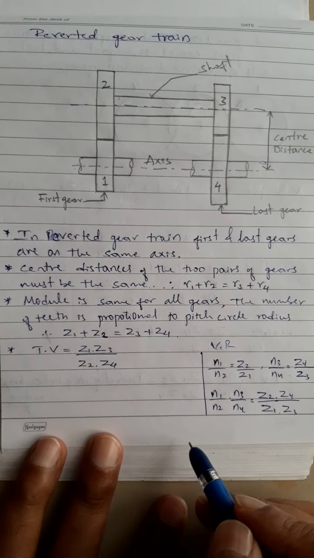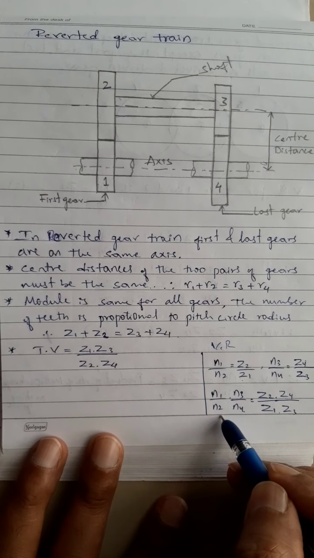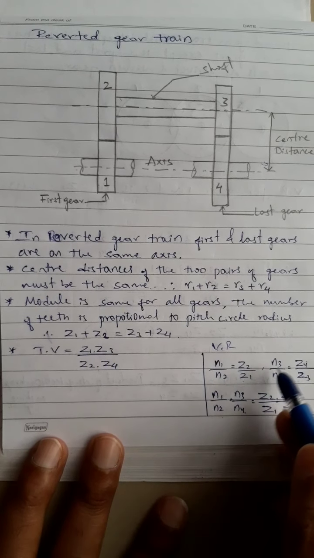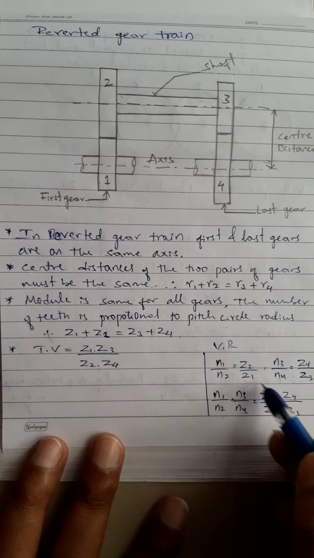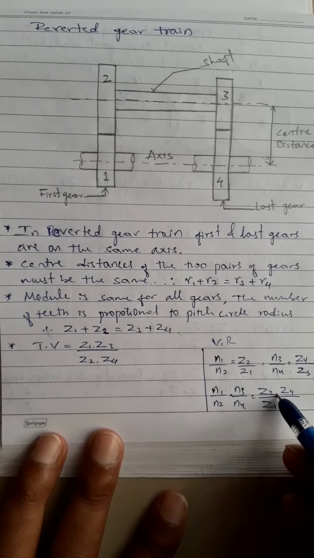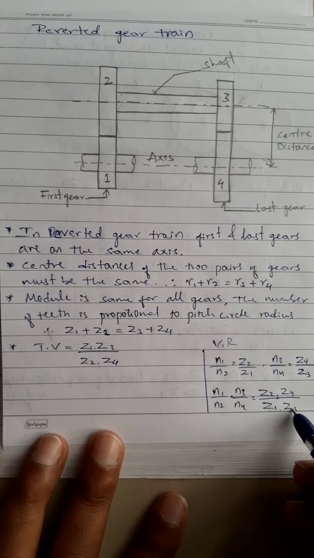Multiplying these two equations, we can write N1 by N2 into N3 by N4 is equal to Z2 by Z1 into Z4 by Z3.